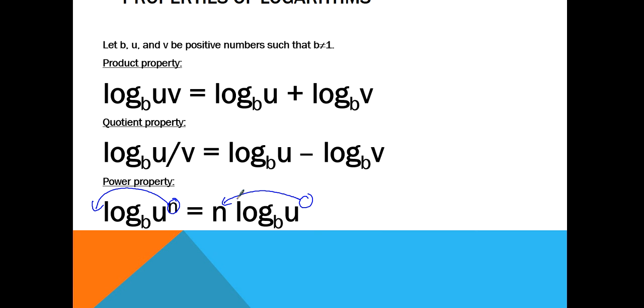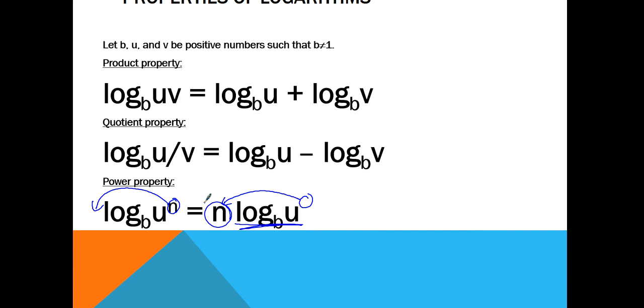Which makes sense, because what does a log give us? The logarithm basically gives us an exponent. So this is an exponent to an exponent. This would be like finding this exponent, and then multiplying it by whatever was our exponent. When you take an exponent to an exponent, you multiply them.